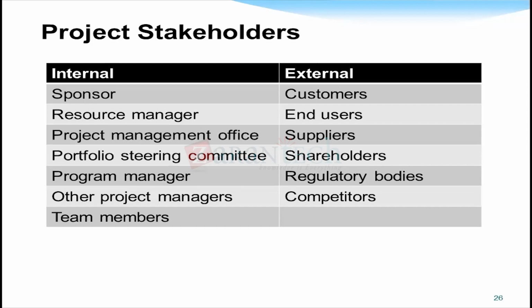It can be a shareholder of a company, or it can be the CEO of a company. Anybody directly or indirectly affected is called a stakeholder. All these are different examples.